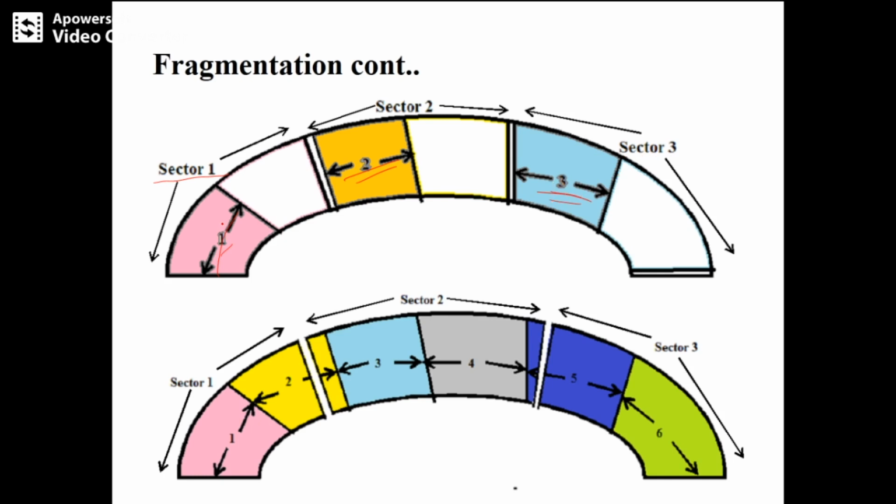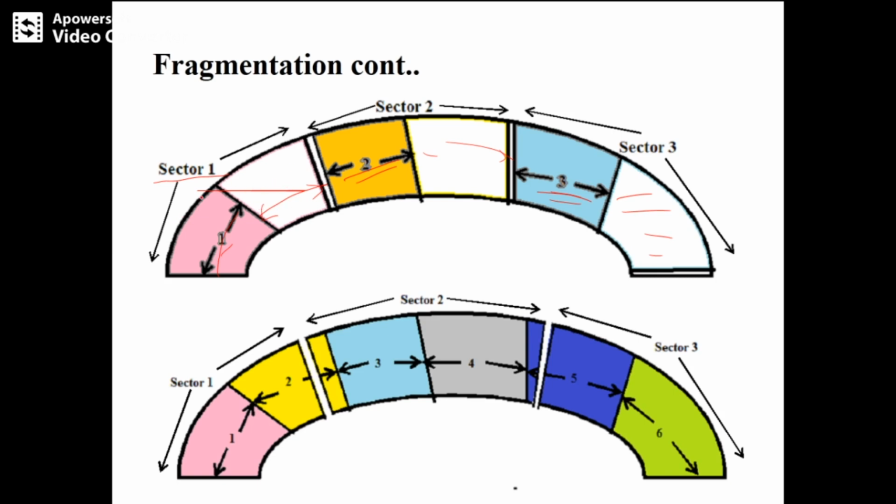Now if you go for this organization, what will happen exactly? Here this much space is empty, this space is empty, and this space is empty. So this is wastage of space, right? We call it fragmentation.